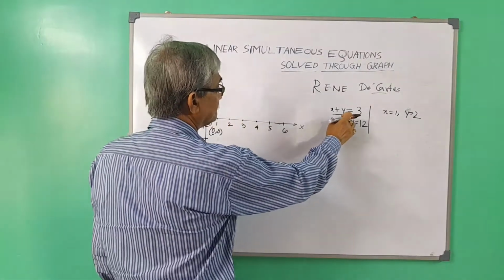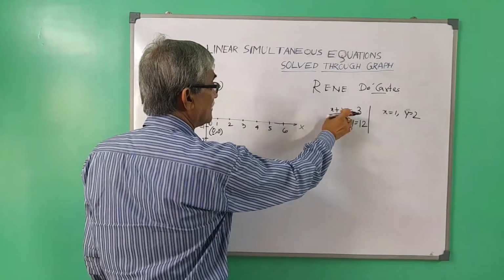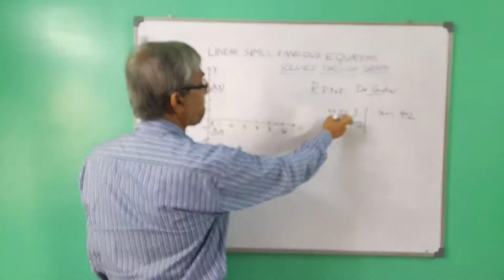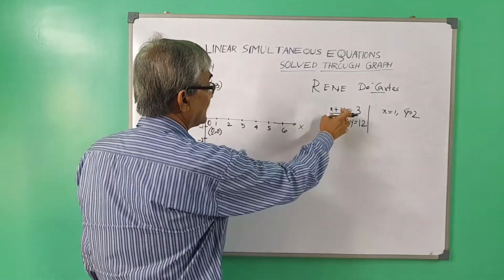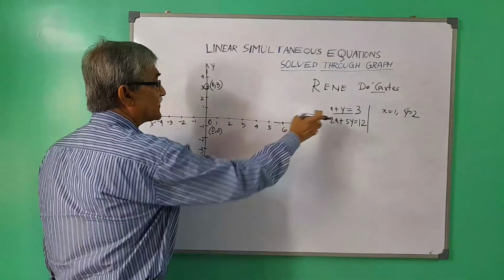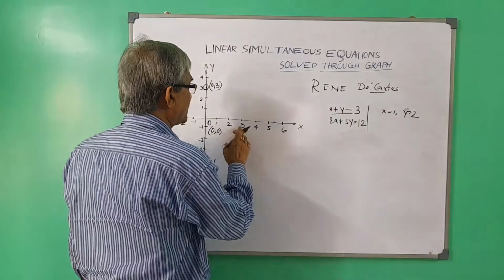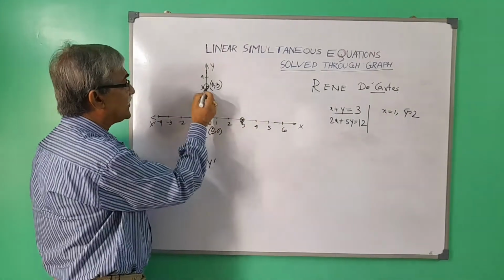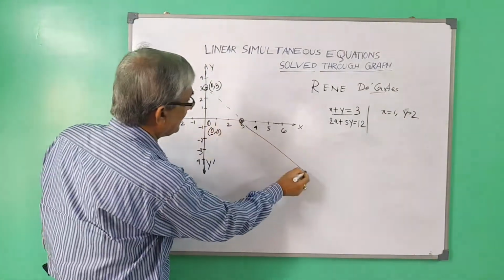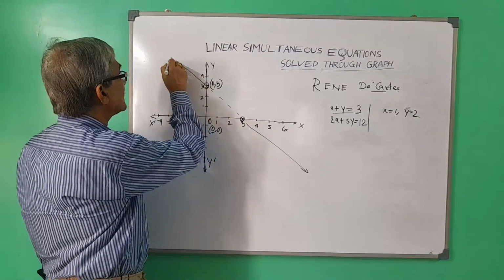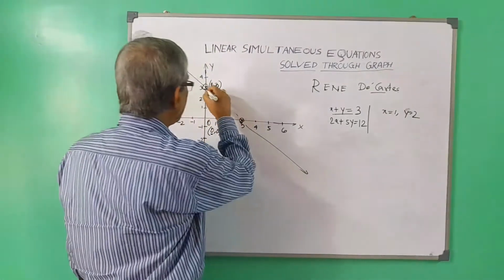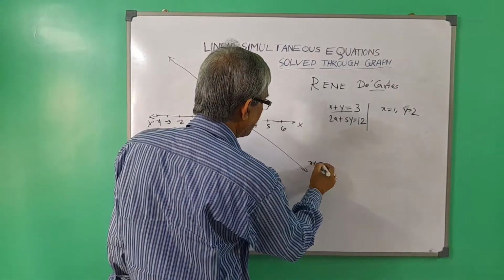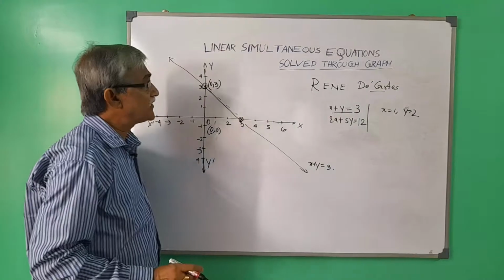And next you place y = 0, so x = 3. y = 0 means it is a point on the x-axis. So this would be your point. Now if you join these two points and extrapolate on both sides, it gives you the straight line, the equation x + y = 3. Your first job is done.